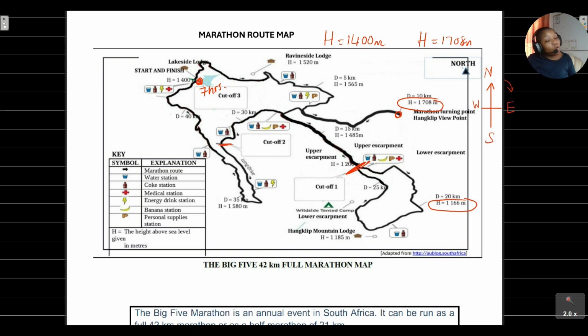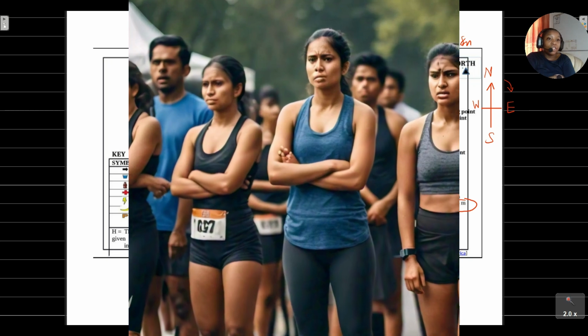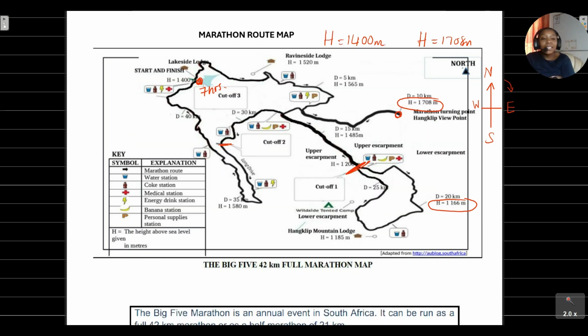Obviously, if they don't put these cut-off times, then the organizers will have to sit there waiting for everyone to finish. Meaning that if someone is going to take 15 hours, we must all be there waiting for 15 hours for that last person to finish. That means we're going to finish the race late, at times that are not safe. So it's very important for a marathon to have a cut-off time.